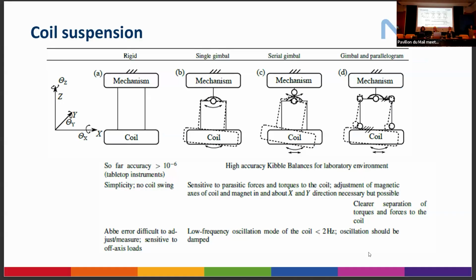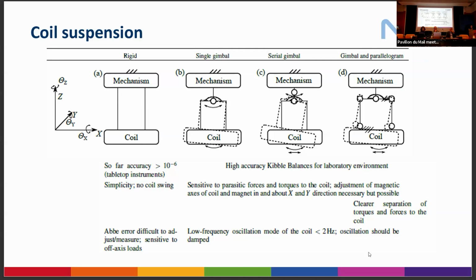So now let's talk about the suspension. The mechanism to suspend the coil can be either stiff, like in A, and so far most tabletop Kibble balances use a stiff mechanism.